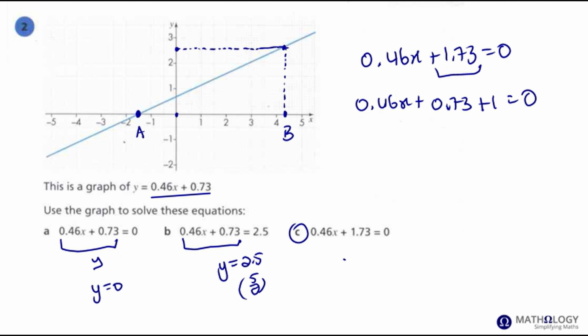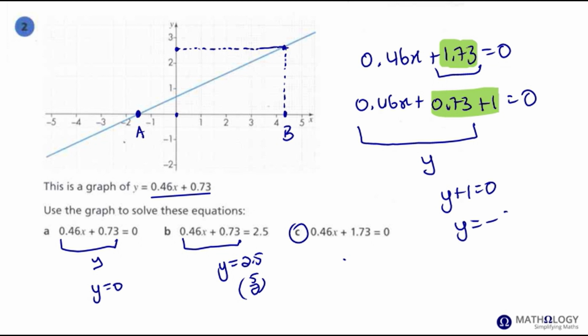So all we've done is we've just written that slightly differently. And the reason we do that is because 0.46x plus 0.73 represents y. So y plus 1 equals 0. In other words, y equals negative 1.